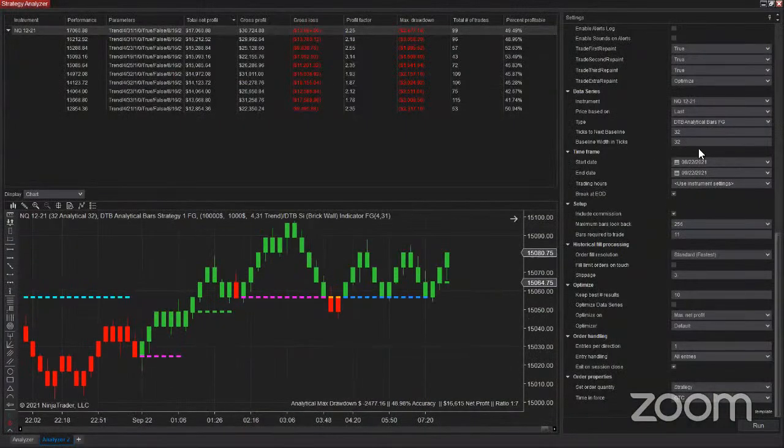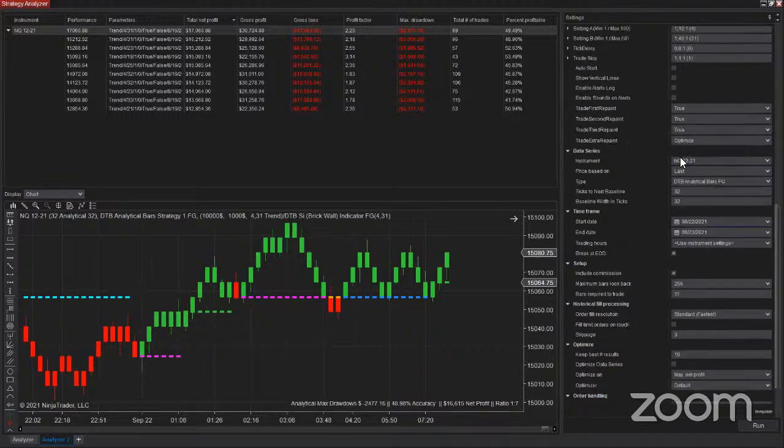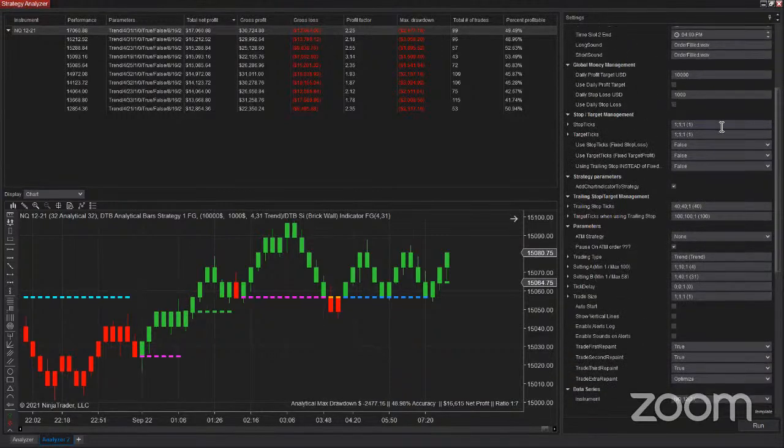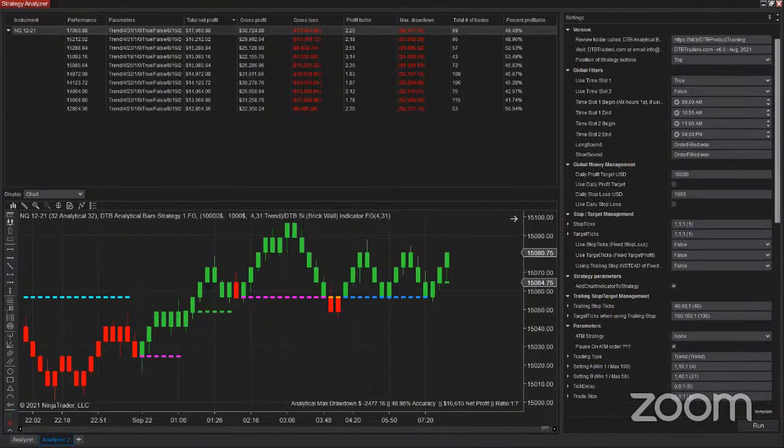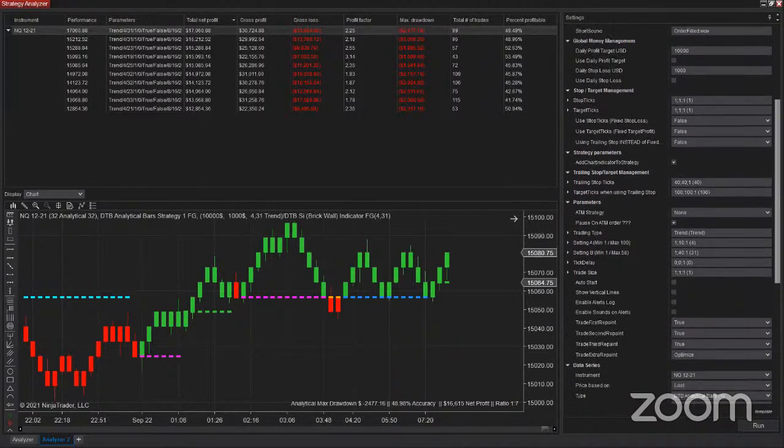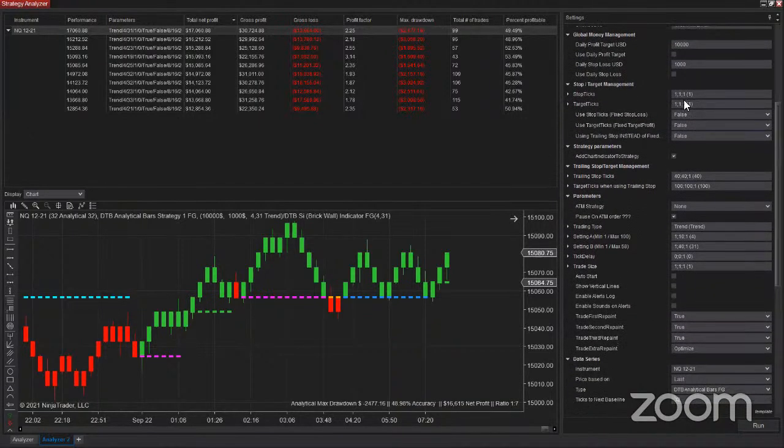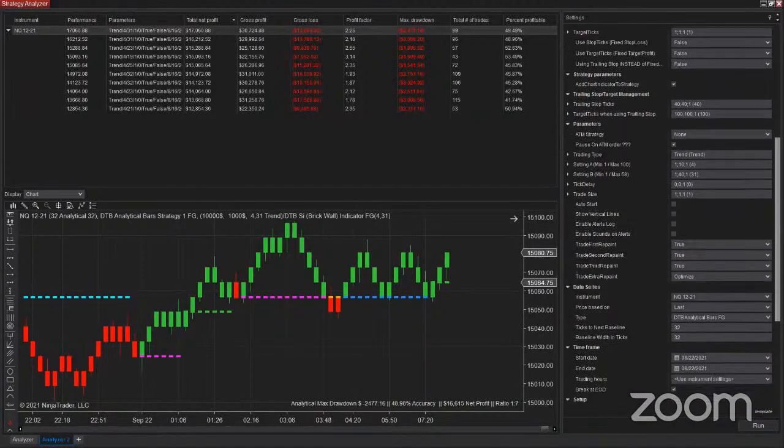The iterations are comprised of a few things. If you're using stop ticks and target ticks, that's going to count all the iterations of those, but we're not using them. If you're using the trading stop and target ticks and you're doing a minimum and maximum value, it's going to count towards those.